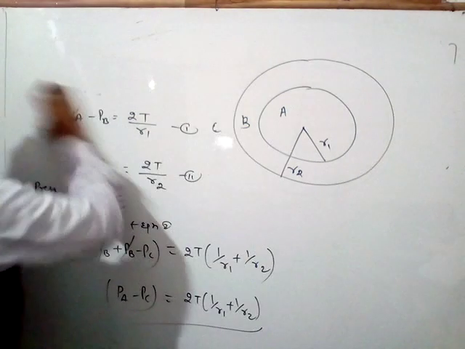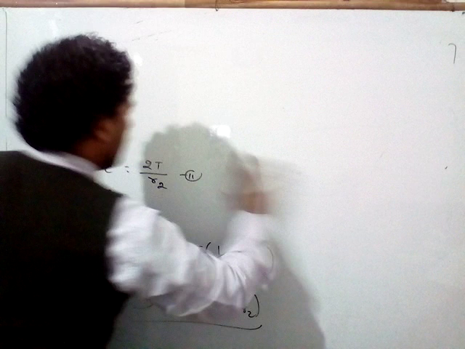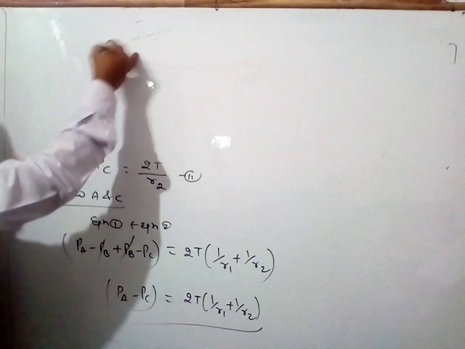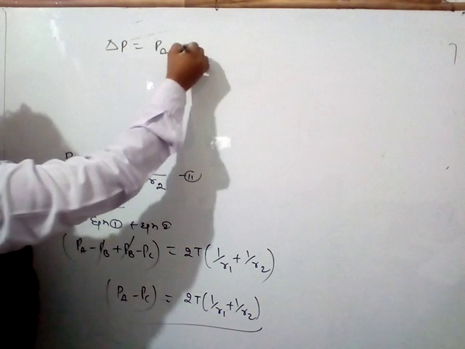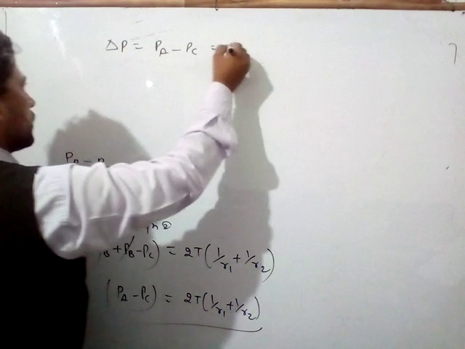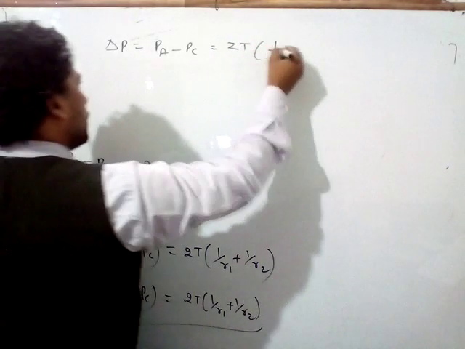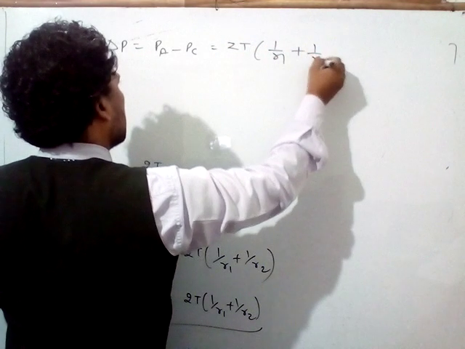So delta P equals PA minus PC, which is equal to 2T into 1 by r1 plus 1 by r2.